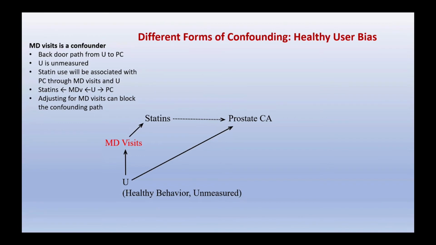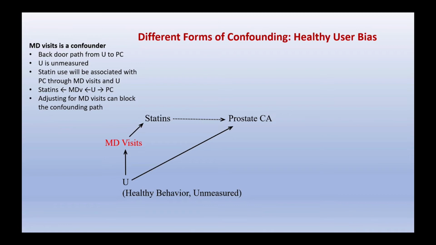So here is a situation where, although we have to control or adjust for U, usually we don't have U. But usually we do have data on the number of physician visits.